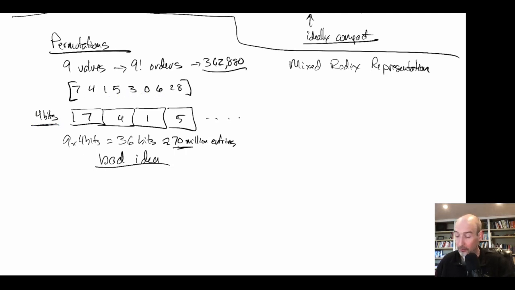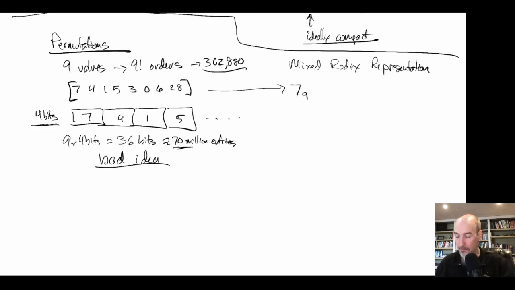Okay, so mixed radix representation is saying, I'm going to write down both the number and, along with the number, the base of that particular number. So if I take this array and turn it into a mixed radix representation, I have 7, and 7 is in base 9.